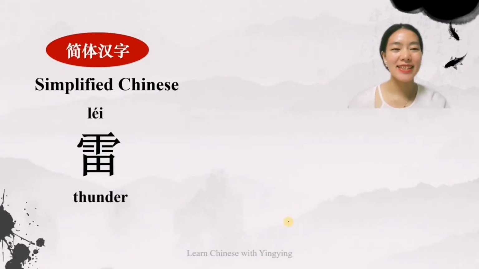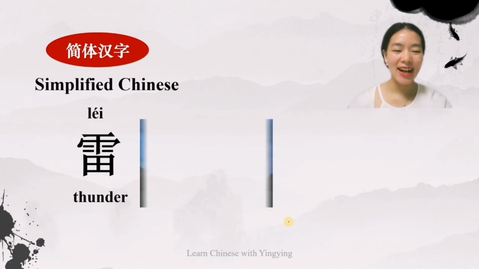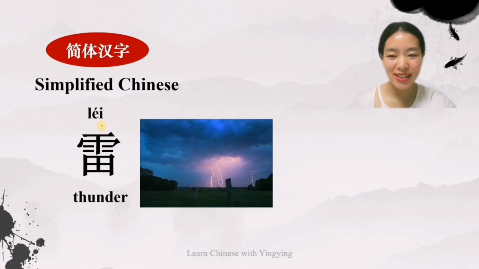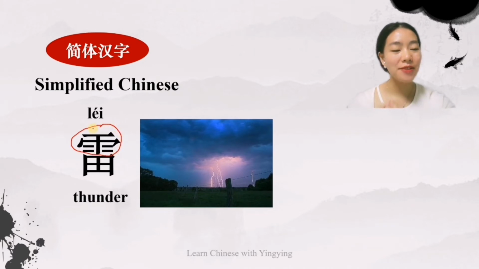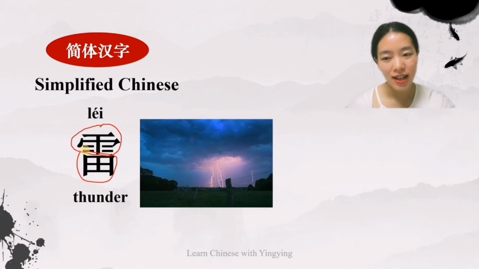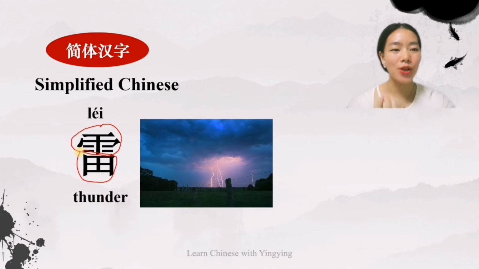雷, it means thunder. Okay, the same thing. Do you notice here? This part is a variant of 雨. And how to remember this part? Actually, it is a word that means land. And it's not difficult to remember.